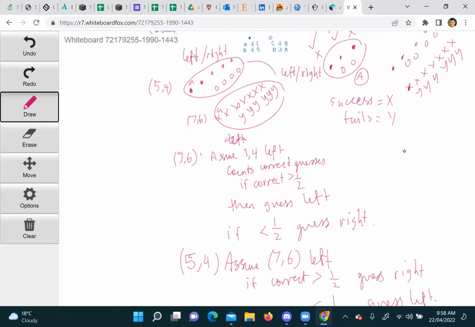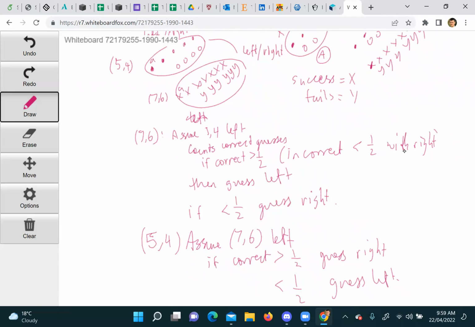So when they're correct more than half with left, they're also incorrect, less than half with right, yeah? And if they're less than half with left, then they're actually more than half with right, yeah?